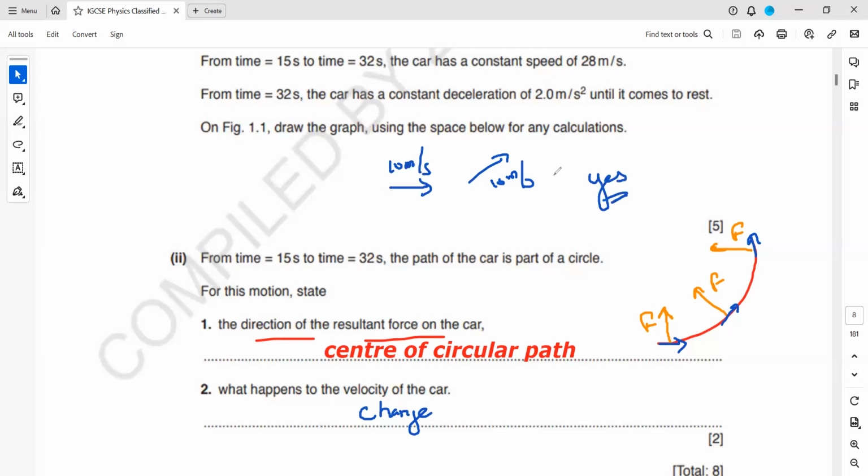Yes, there is a change in velocity because velocity is a vector quantity, and vector quantities depend on the direction of the motion as well. If the direction of the motion changes, the velocity will also change. So this was page 8.